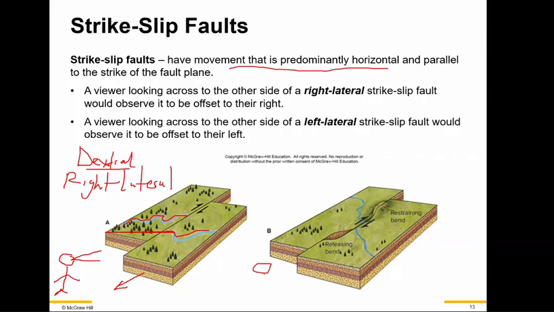Now, if you're the observer here, all right, and the left block, okay, this is just, okay, let's stay with right lateral because it's the same figure. What this is telling us here is that you can see the difference between these two diagrams.